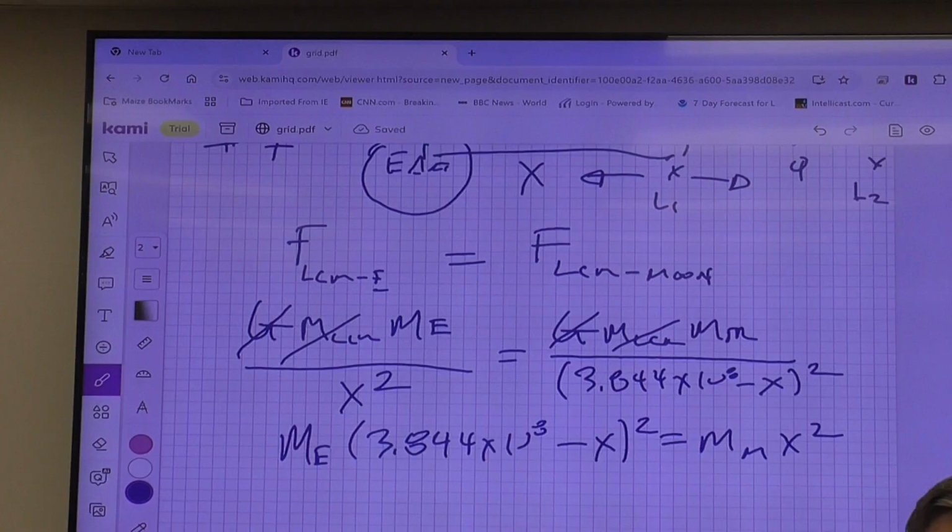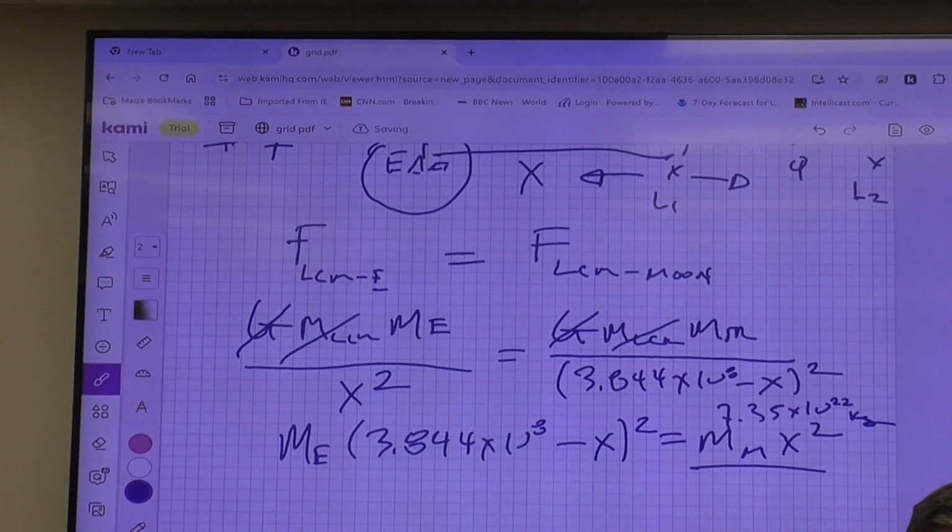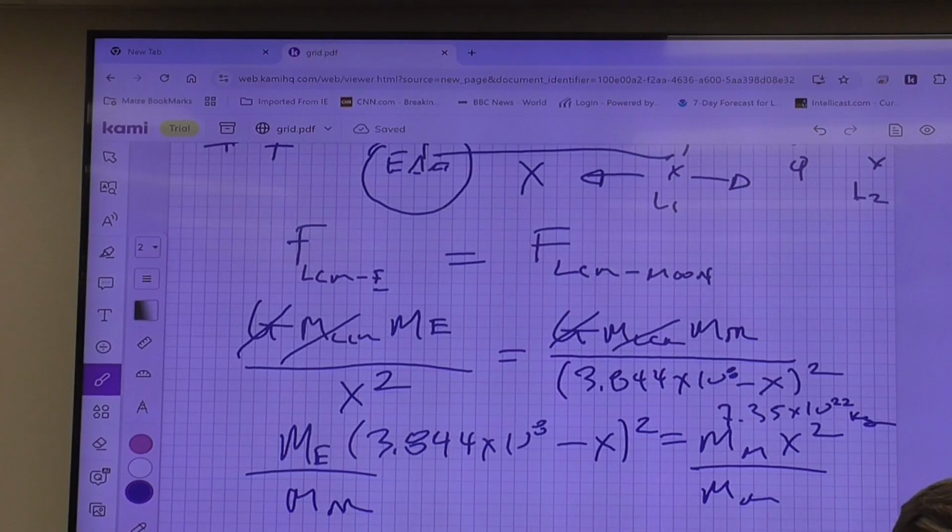Now, you're given in the problem, or up above, that the mass of the moon is 7.35 times 10 to the 22nd kilograms. So I'm going to divide both sides by the mass of the moon. So the mass of the moon cancels out. So somebody take the mass of the Earth, which hopefully you have stored in your calculator, and divide that by the mass of the moon, which is 7.35 times 10 to the 22nd.